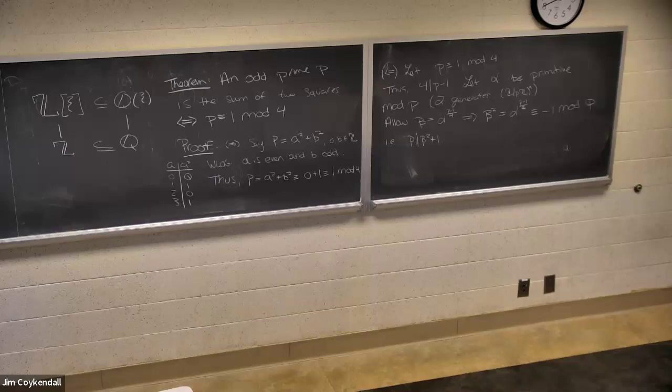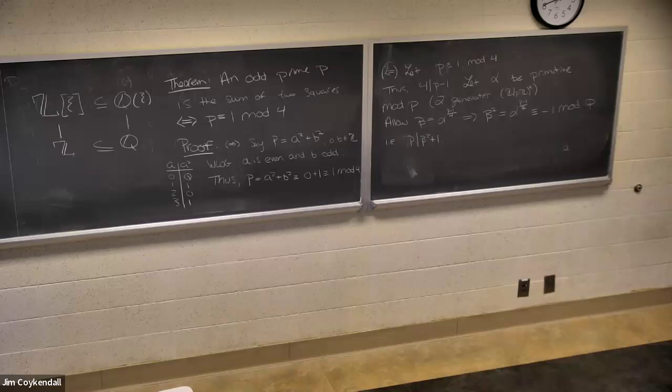Non-trivially: beta plus i, beta minus i. So p divides beta minus i times beta plus i. p is an element of the Gaussian integers too.